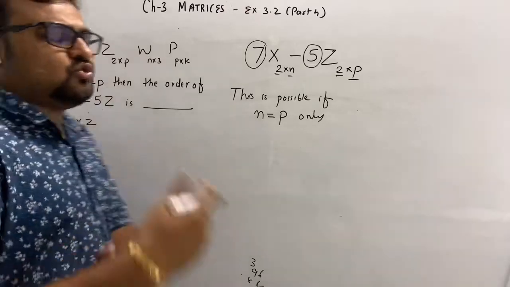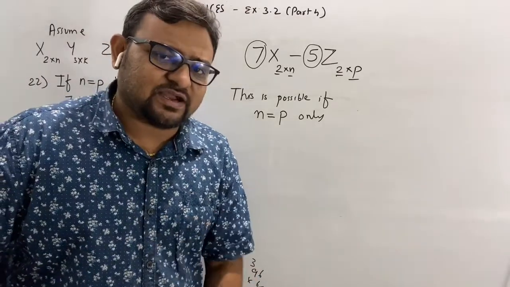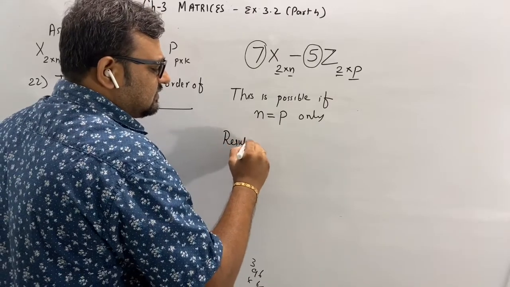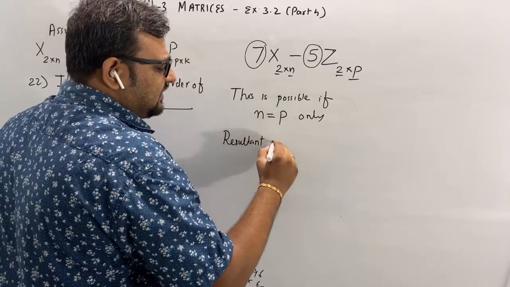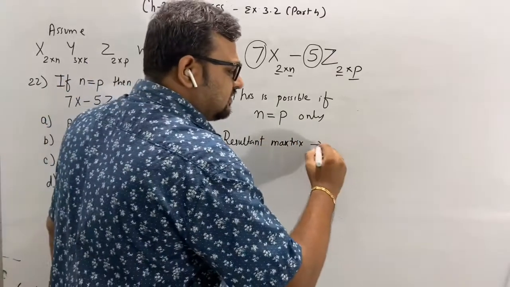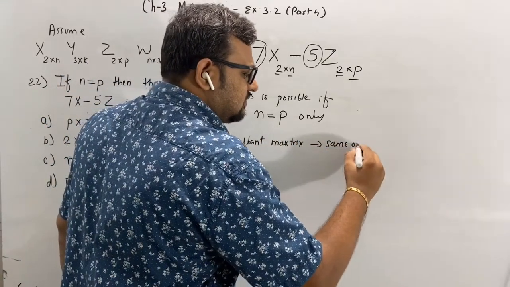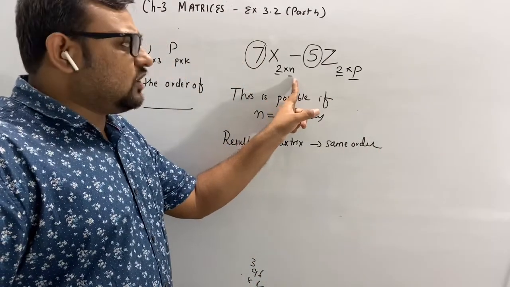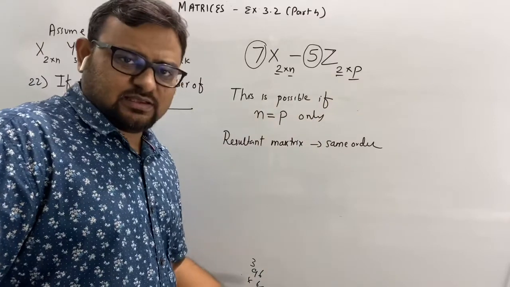So now when two matrices are added or subtracted, what will be the resultant matrix? The resultant matrix will have the same order. That means either 2 cross n or 2 cross p, right?